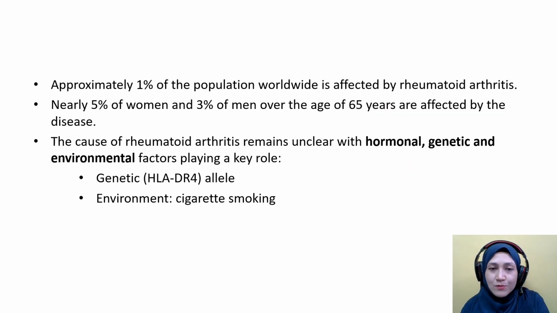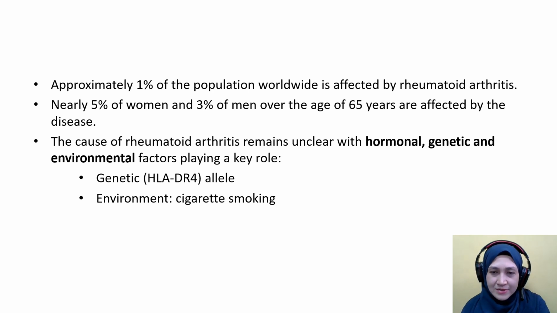So approximately 1% of the population is affected by rheumatoid arthritis. So it's not that prevalent as compared to the osteoarthritis. So osteoarthritis is also one of the diseases in arthritis.